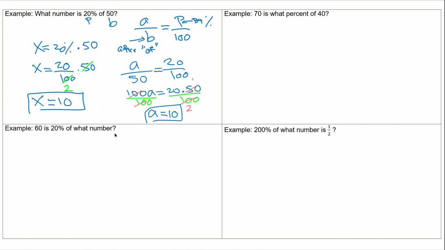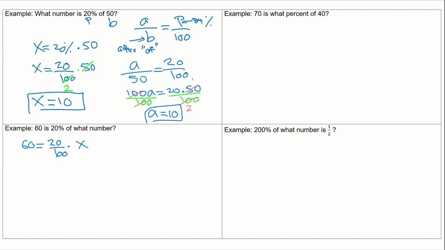60 is 20% of what number? We'll do it using direct translation first. So 60 equals, the is becomes equals, 20%, which is like 20 over 100, right? Of what number? So times the what number, which will be our x.